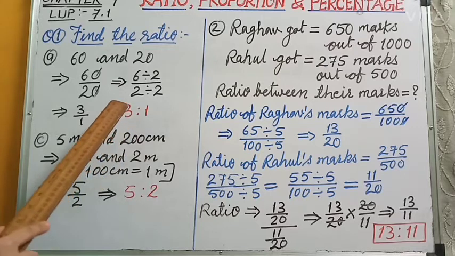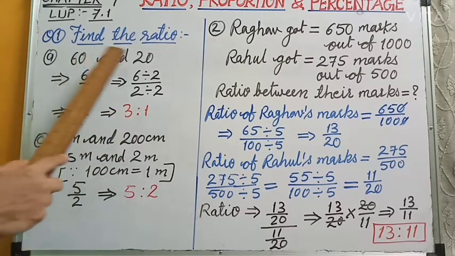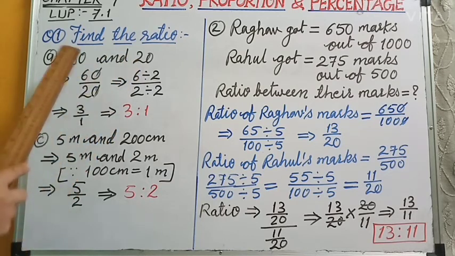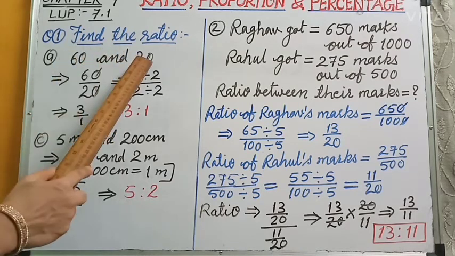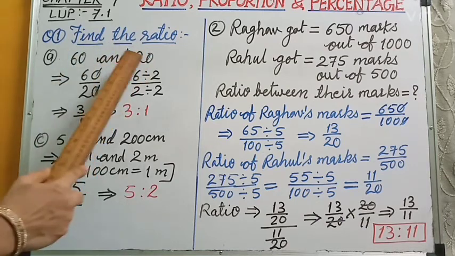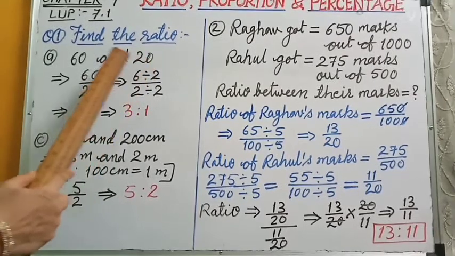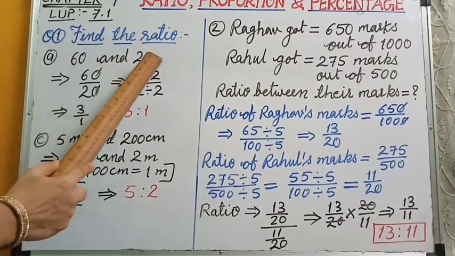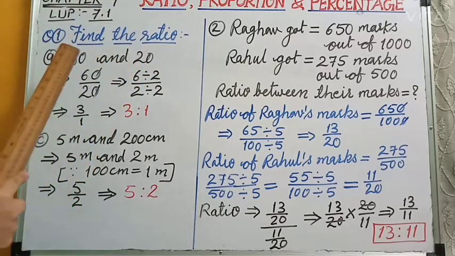And the second rule is, if two quantities are in the same unit, then only we can write them in a ratio. If the quantities are not in the same measure or unit, we cannot write them in a ratio. First we have to convert both quantities into the same unit. Okay.